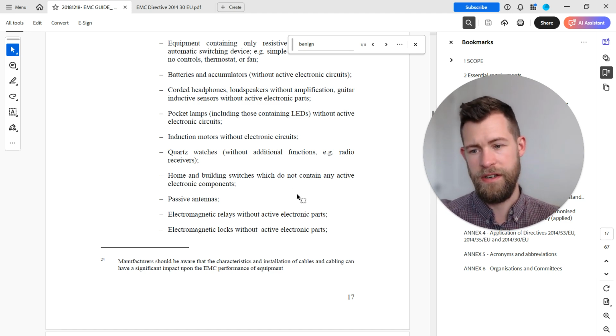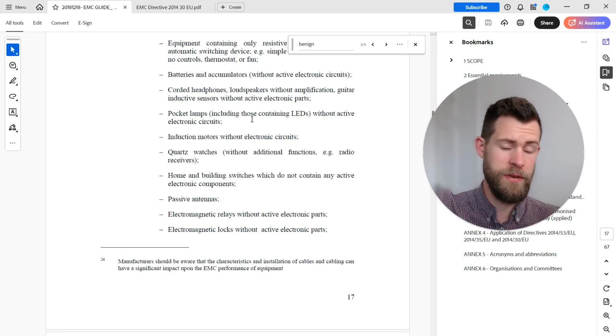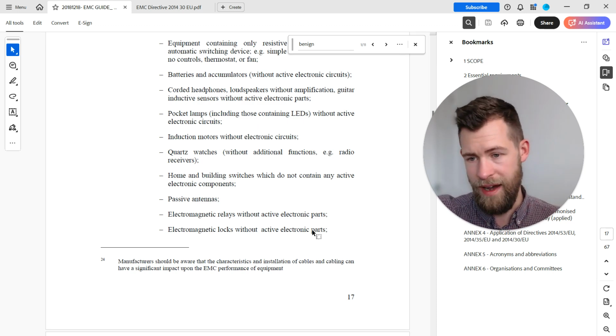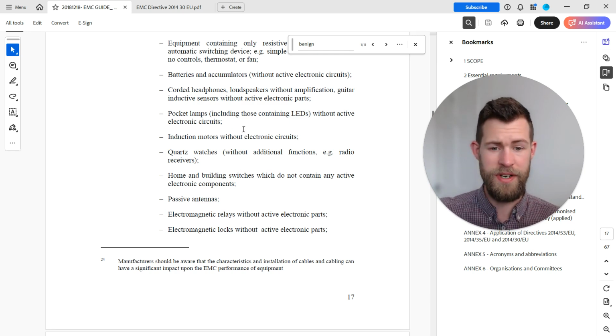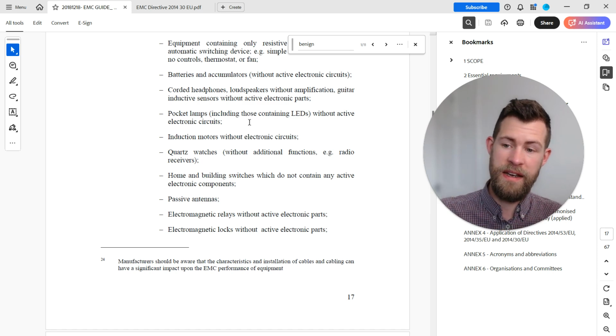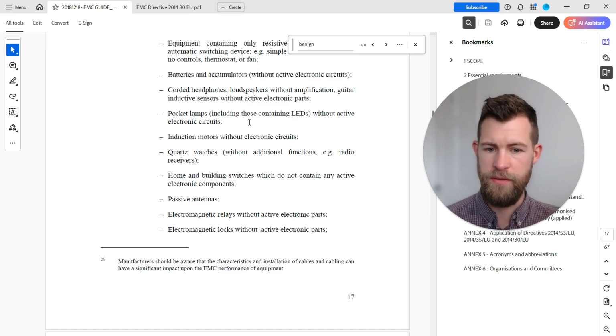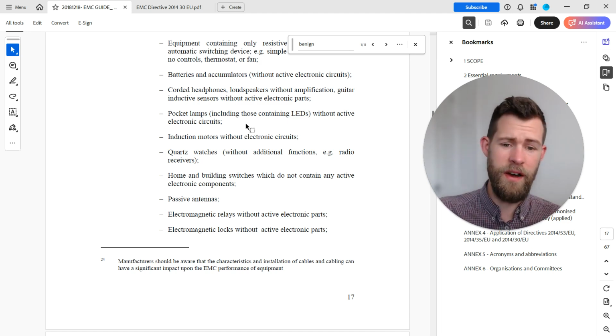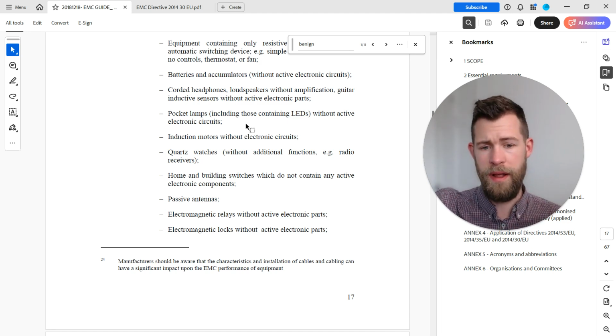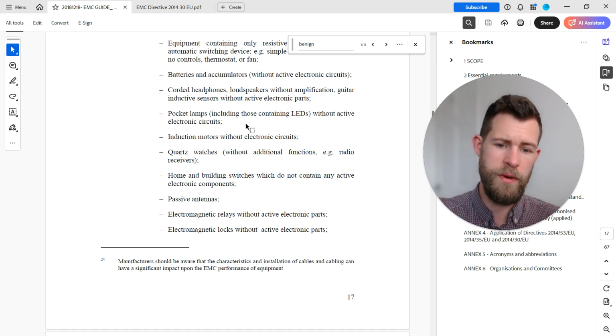You could also then conclude that the parts that you've included into the machinery are benign because they're in this list, or they're very similar to equipment that is in this list. And therefore you could state in your assessment that your machinery meets the requirements of the EMC directive without having to do any testing. Now, I hope that's provided some clarity on the applicability and how we apply the EMC directive to machinery.